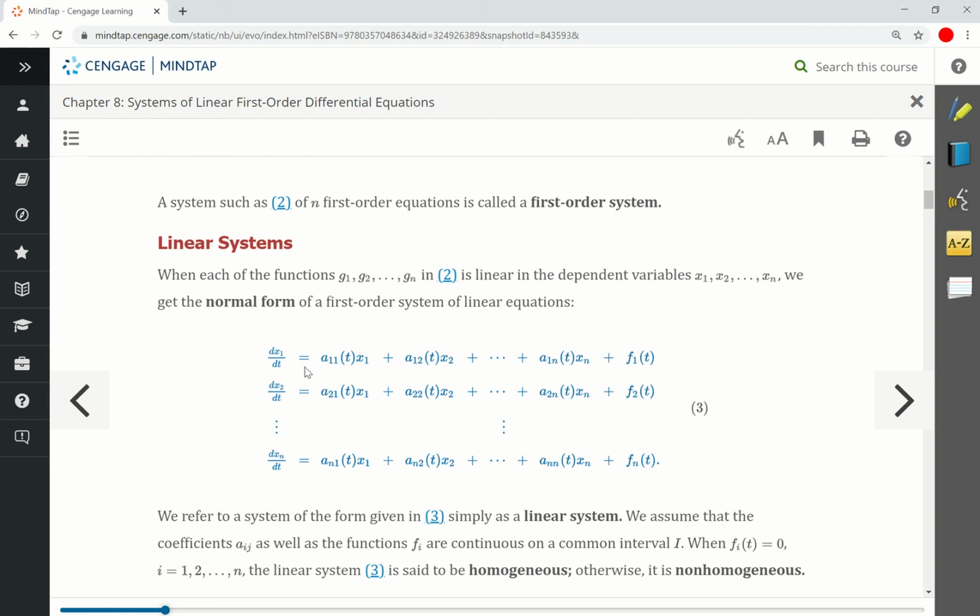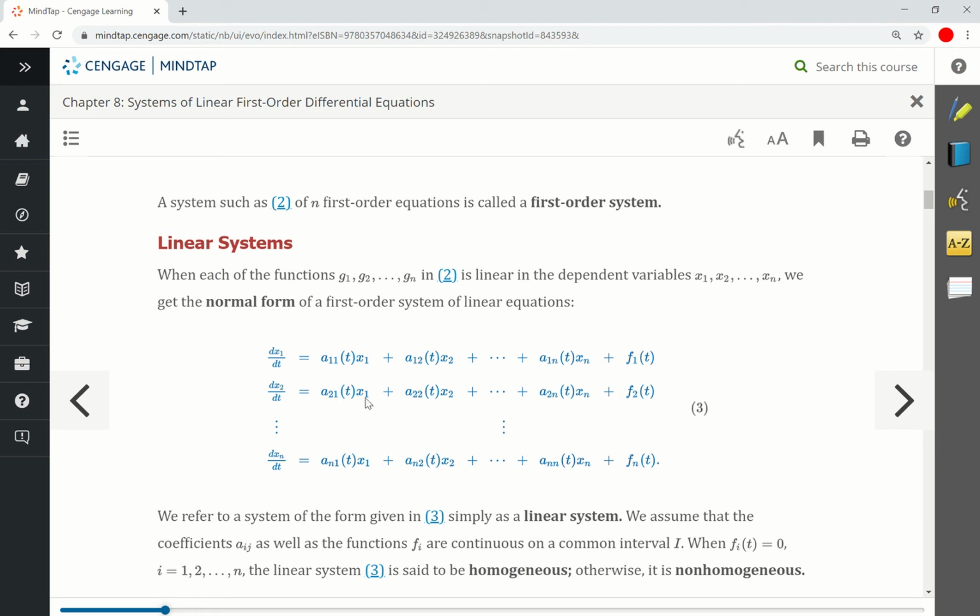So for example, the very first derivative dx1/dt is going to be equal to some coefficient of t times x1, plus some coefficient of t times x2, up to some coefficient times the xn term, plus, in addition, potentially some function of t. The same thing could be true for the derivative in the x2 variable.